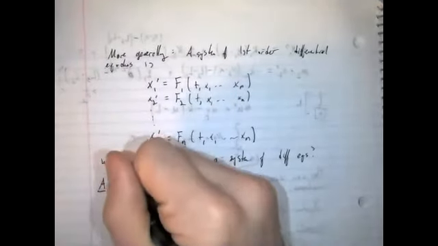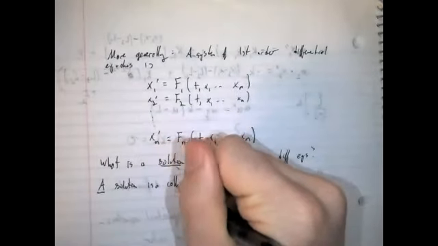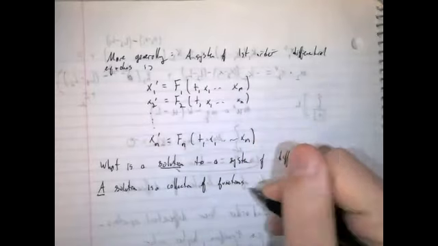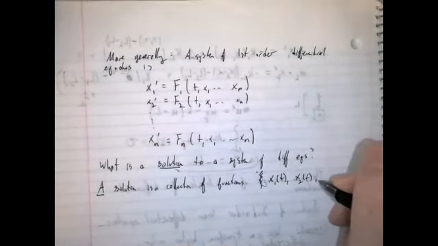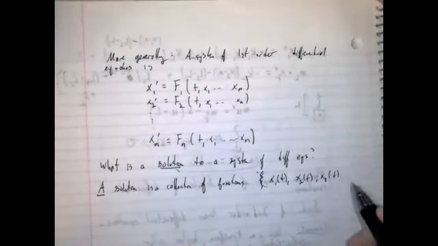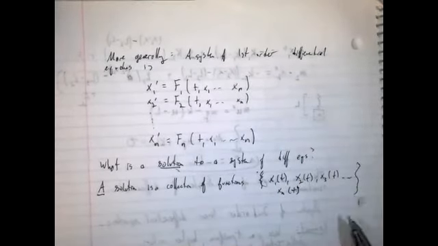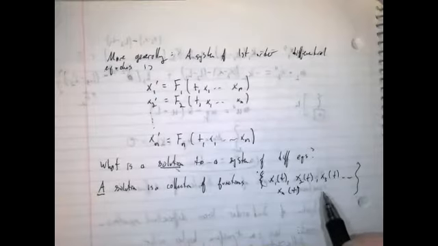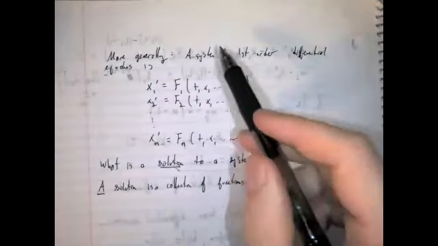Yeah. A solution is a collection of functions x1 of t, x2 of t, x3 of t, etc., all the way up through xn of t, such that this collection of functions all satisfy all the differential equations that you require them to satisfy.